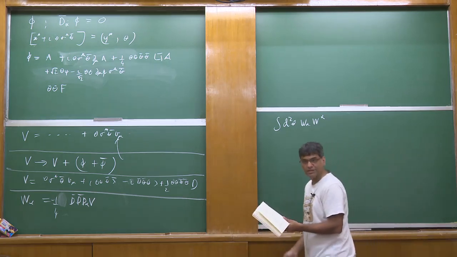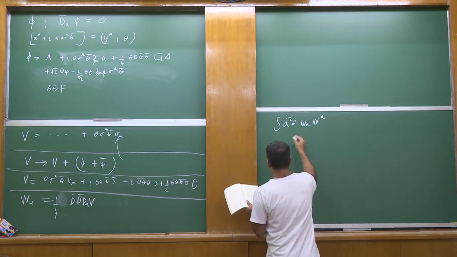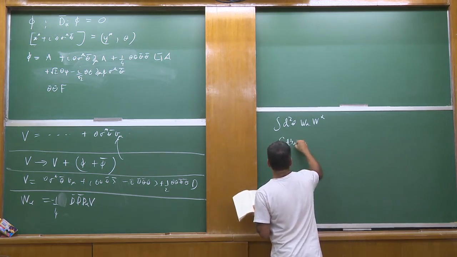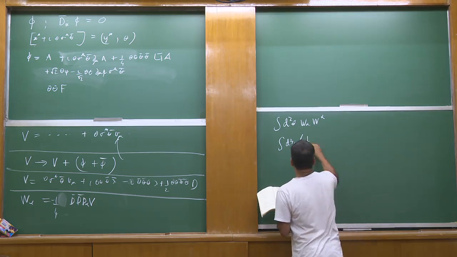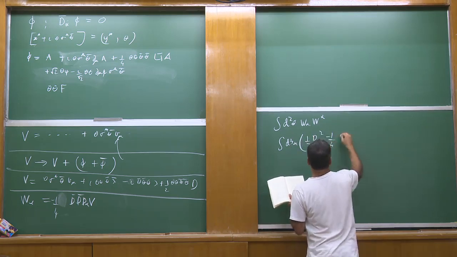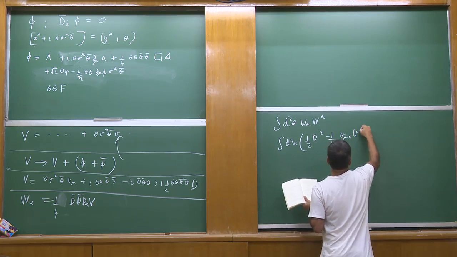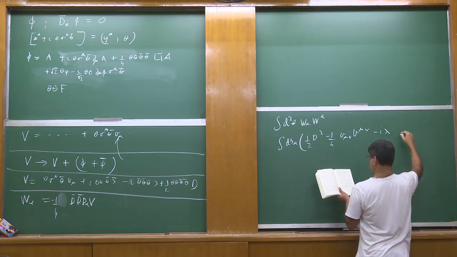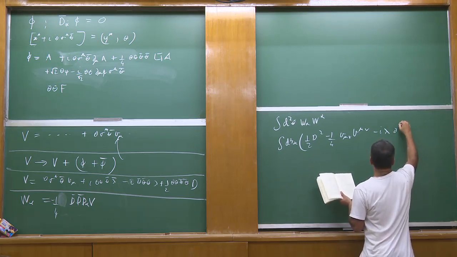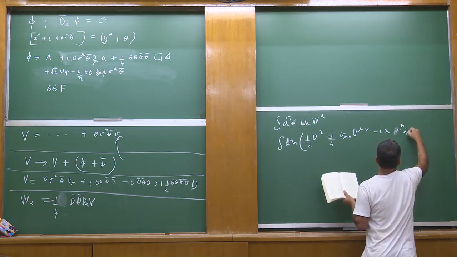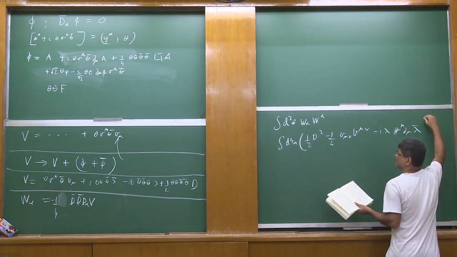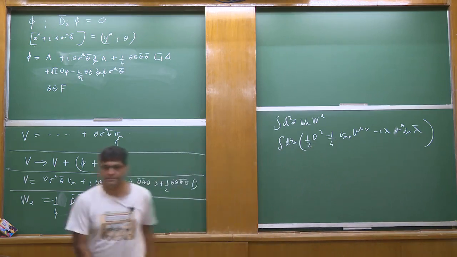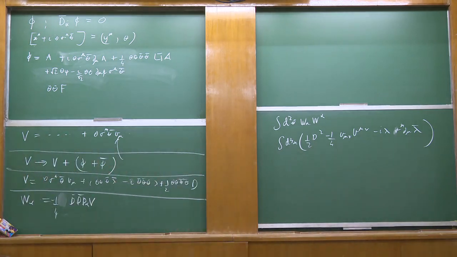We evaluated that Lagrangian in components, and we found integral d4x, which I hadn't written before, half D squared minus 1 by 4 F mu nu F mu nu minus i lambda sigma mu del mu lambda bar. It's a slightly strange notation, but okay. So the kinetic term for the gaugino, the kinetic term for the gauge boson, and D.